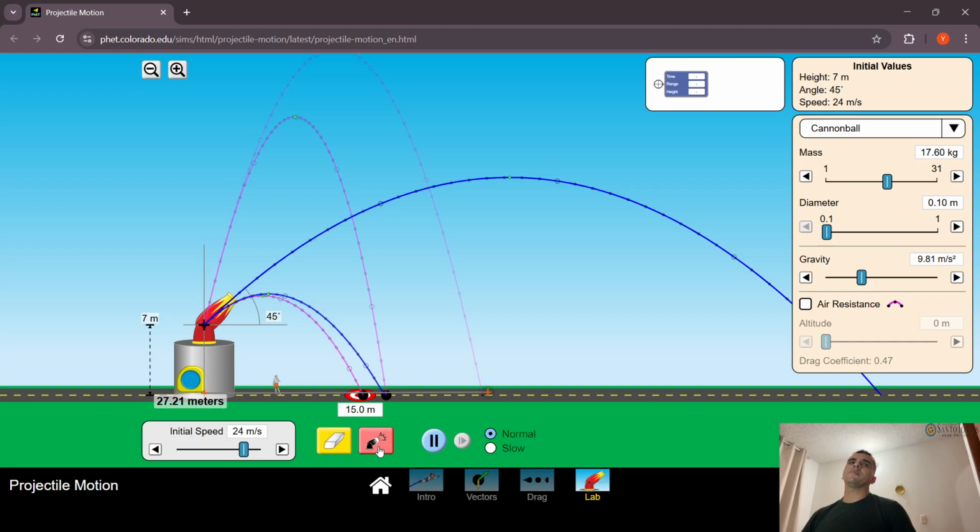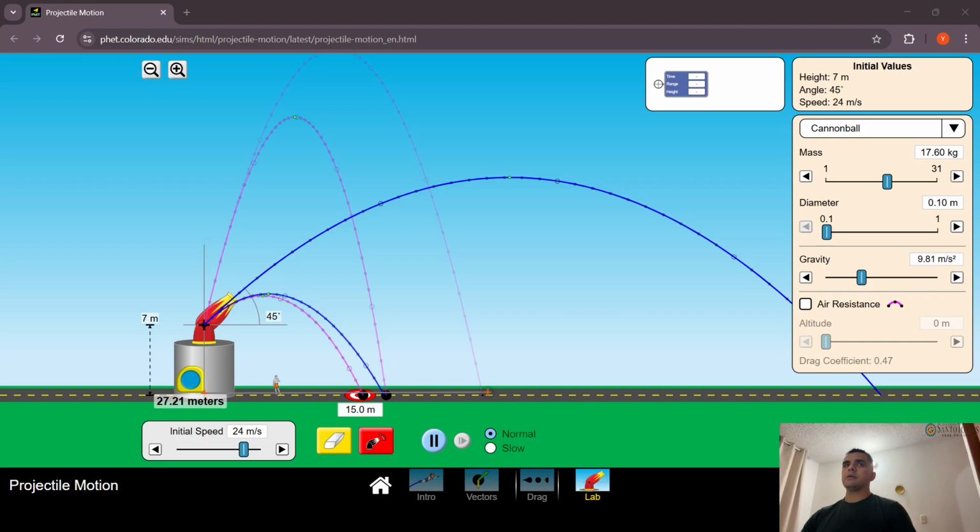Our idea is based on the mathematical model for projectile motion, where the trajectory depends mainly on the angle and the initial speed of the cannon.